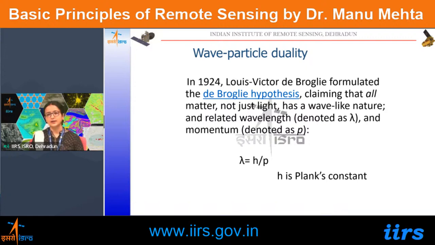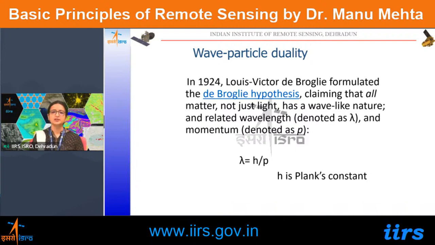When the wave theory is there and the particle theory is also there, which one to take? Light exists both in the form of waves as well as particles. It has a dual nature.